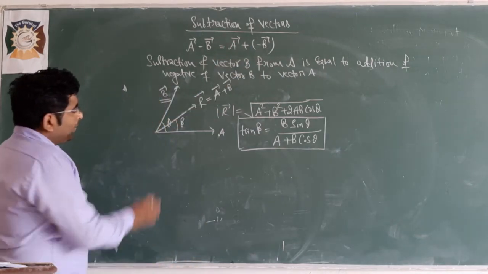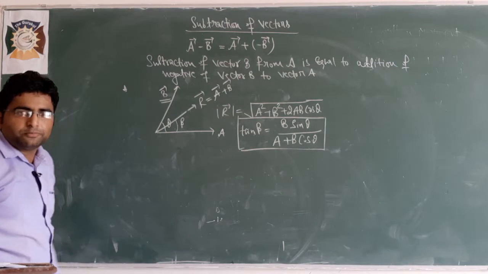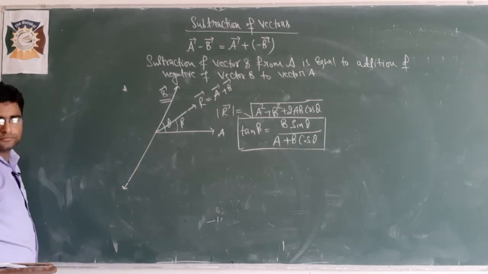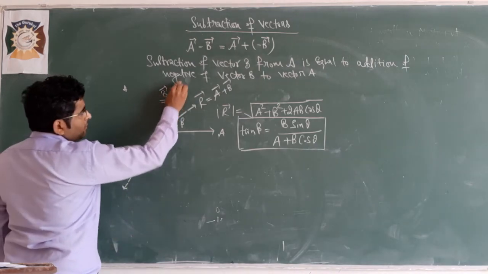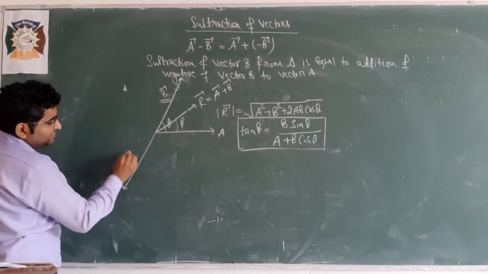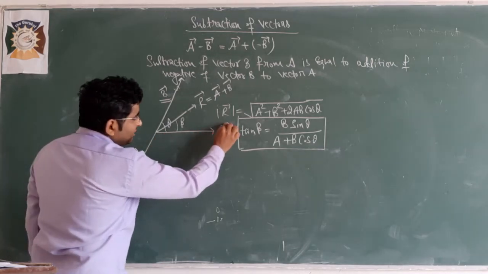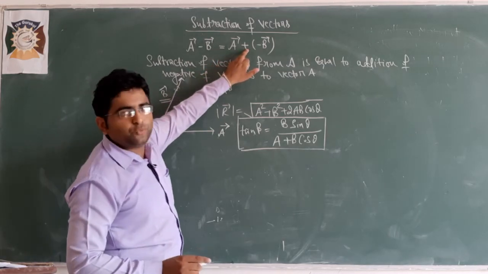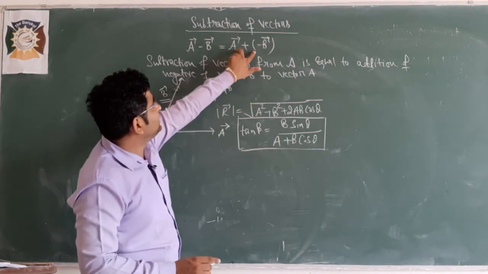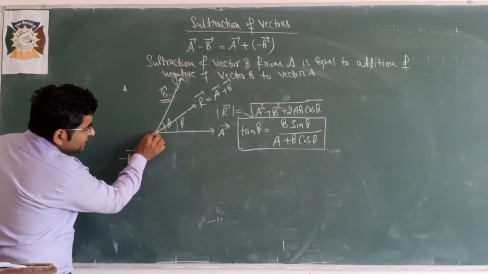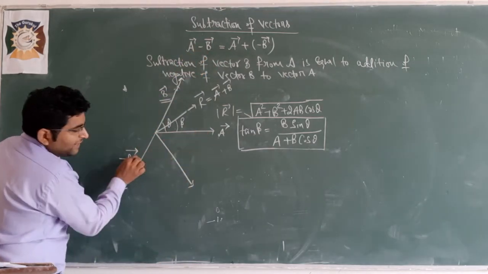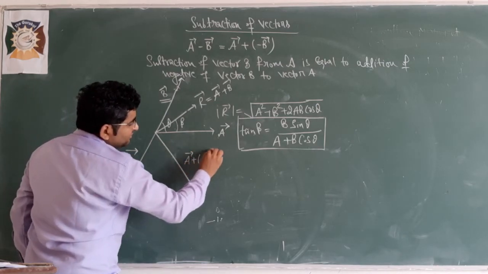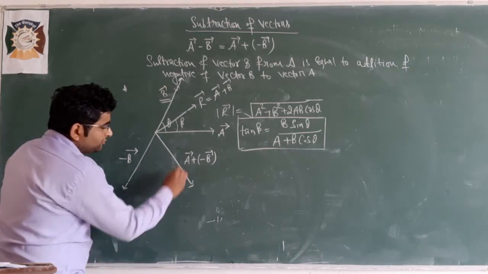Look beta, this vector is B, then negative of vector B will be in downward direction. Clear? So beta, this is minus B, this is A. So A minus B is A plus minus B. So what is this? It is their resultant, so I can write it as addition of these vectors. A plus second vector, what is it? Minus B. Clear? Suppose it is R.